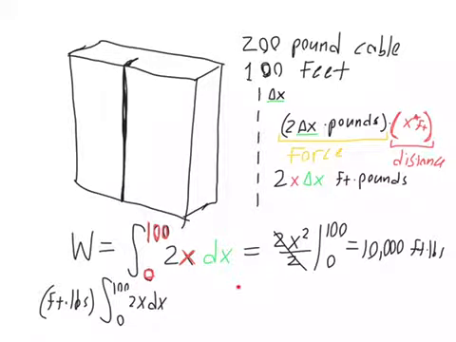And perform the integration, square 100, and you get 10,000 foot-pounds. And one thing we could do, actually, we could think of foot-pounds as a constant. We could even think of 2 as a constant. We could have taken the 2 outside here, and 1 foot-pound.